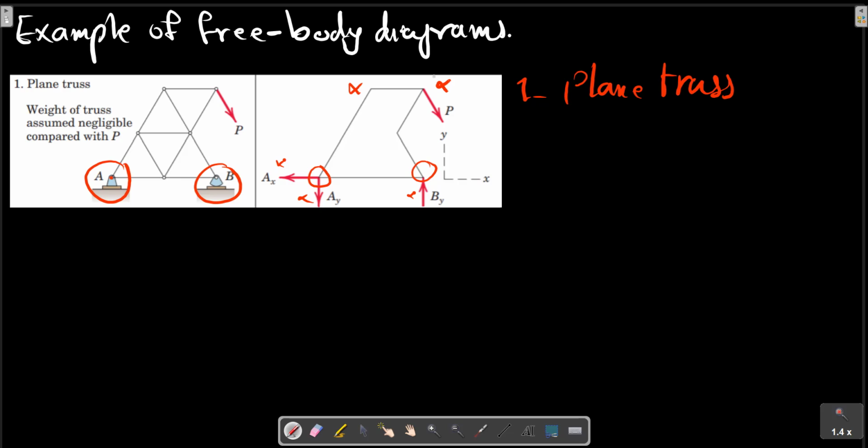In this relatively simple example, it is clear that the vertical component AY must be directed down to prevent the truss from rotating clockwise about B. Also, the horizontal component AX will be to the left to keep the truss from moving to the right under the influence of the horizontal component of P.